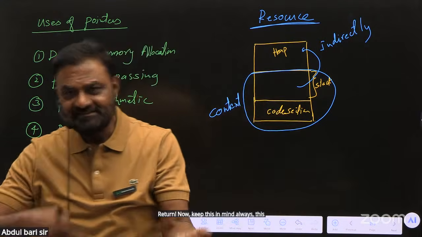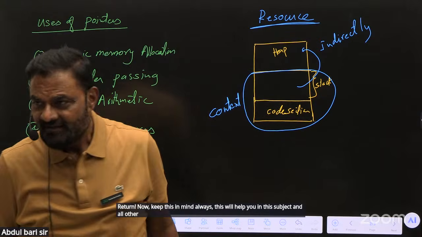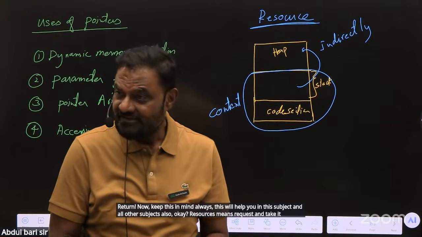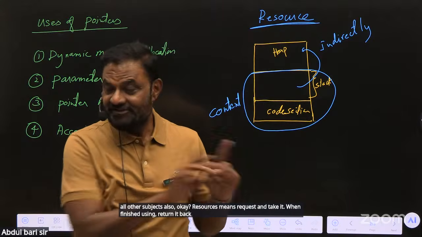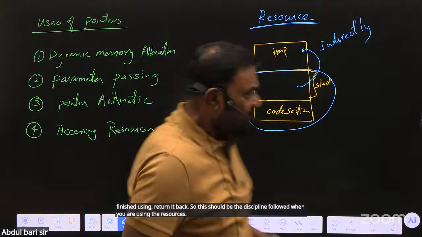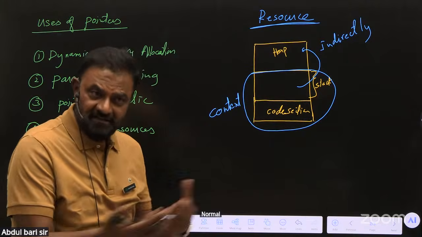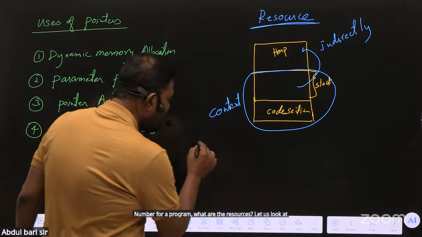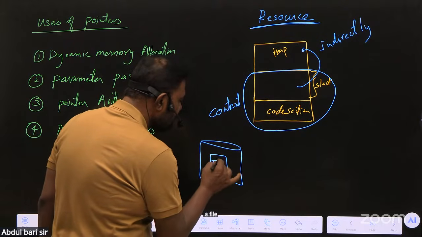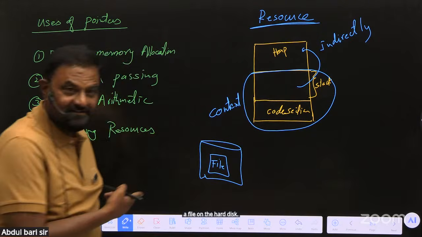This will help you in this subject and all other subjects also. Okay. Resources means request and take it. When you finish using, return it back. So this should be the discipline followed when you are using resources. Now for a program, what are the resources? Let us look at a file on the hard disk. You agree?